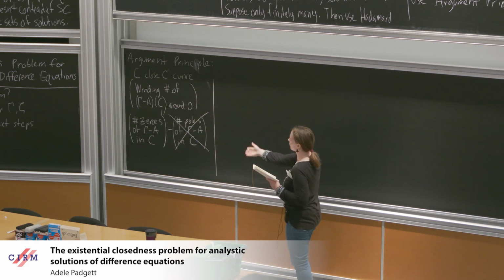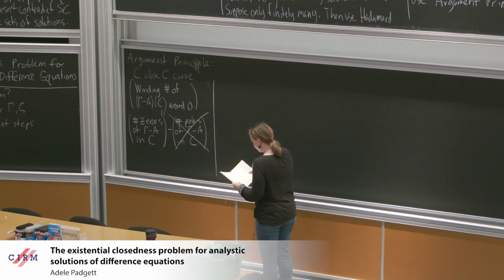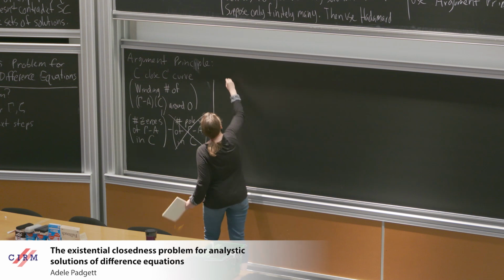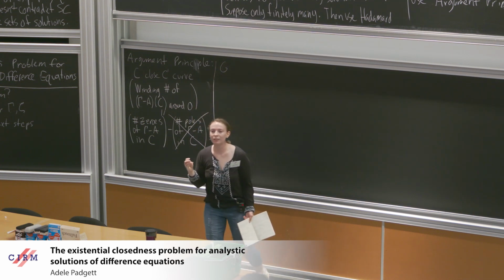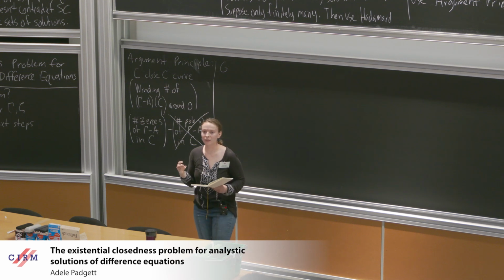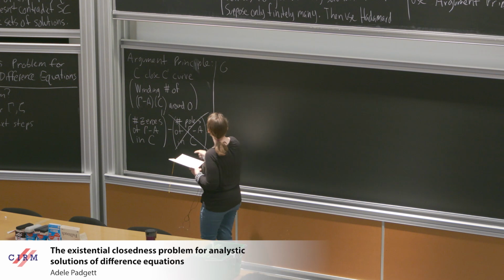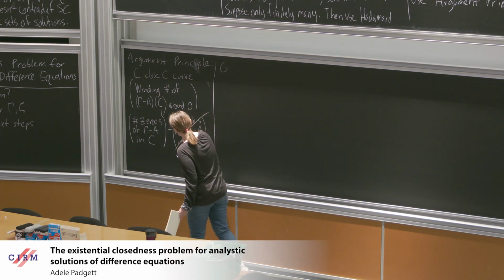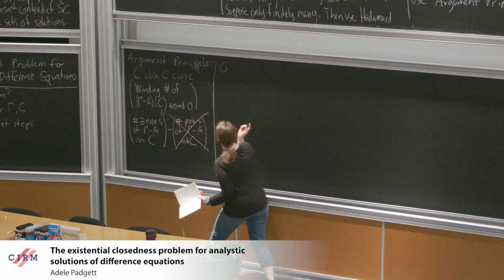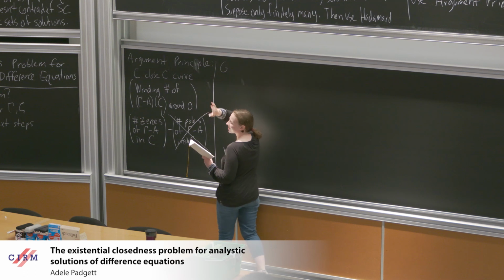But this is generally what the argument principle says. All right, here I wrote it for gamma and A. Yeah, right, in C, in the region. I guess I should say inside C. Interior, it doesn't matter. You understand.